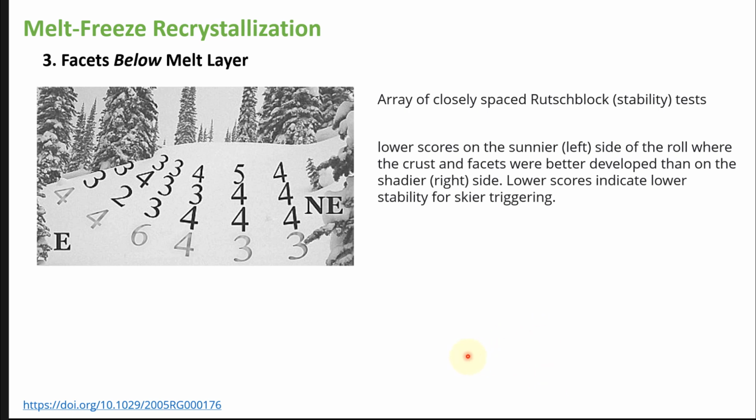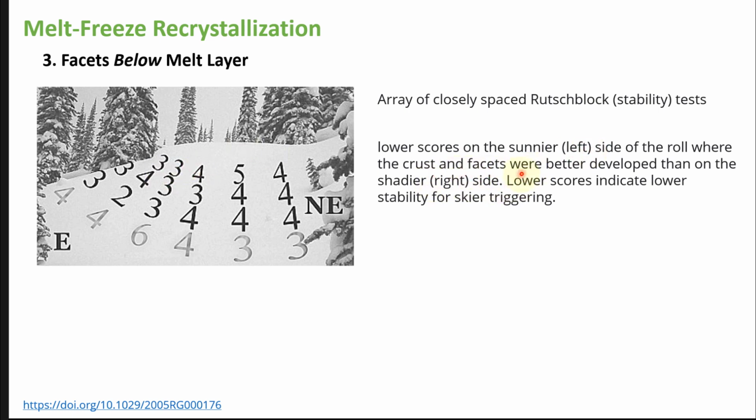And that was demonstrated in this study, it's 15 or 20 years old now, where the folks did a variety of Rutschblock stability tests on the same slope, but the slope sort of bridged from northeast to east, and it had a variety of sort of vegetative interference where the exact sun hit was not uniform over the entire slope.